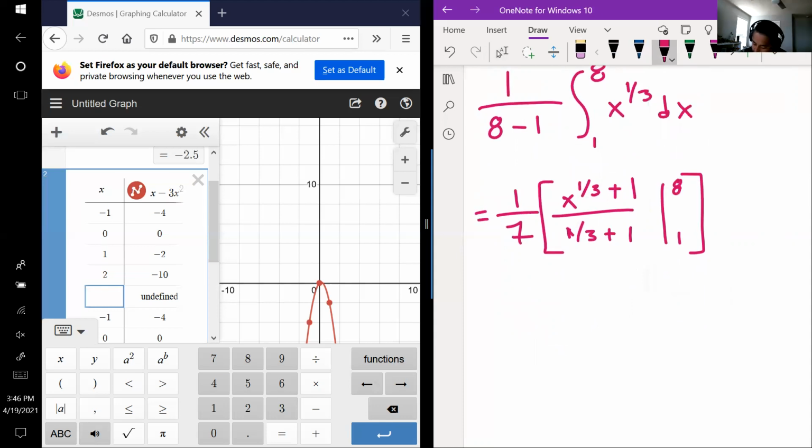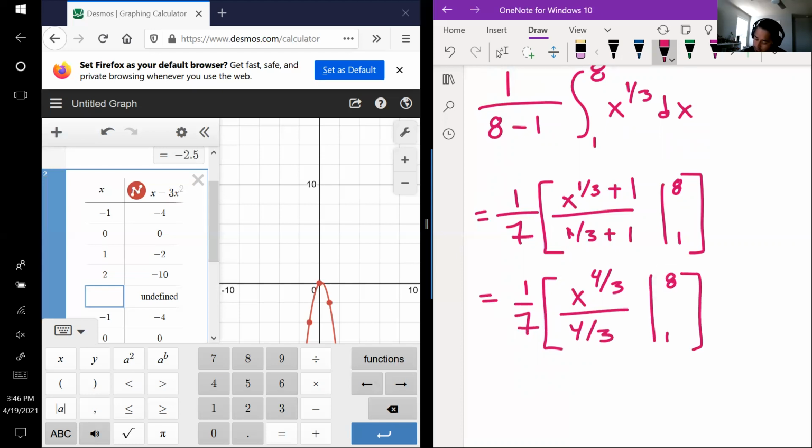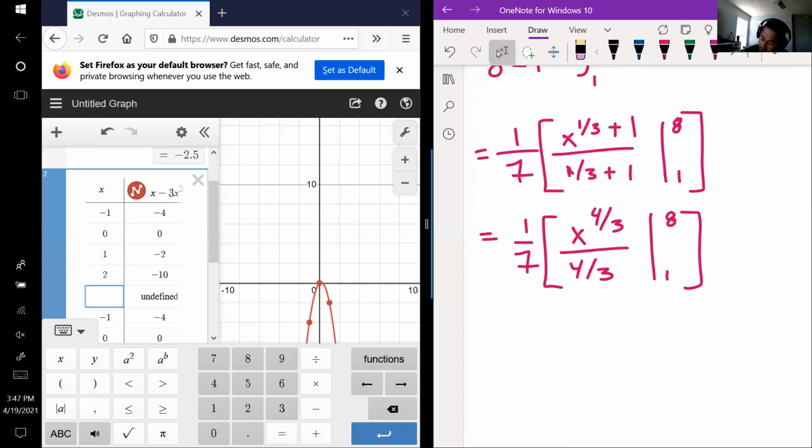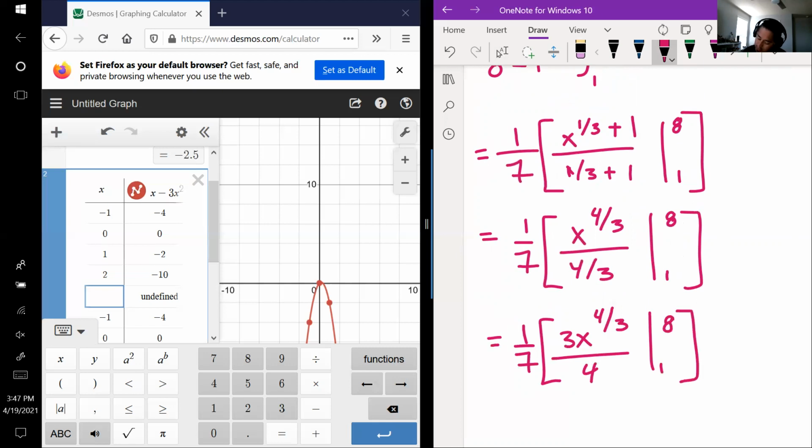And then clean up some more. 1/7 times x to the 4/3 over 4/3, evaluated from 1 to 8. And last cleanup before we use Desmos, we get 1/7 times 3x to the 4/3 over 4, evaluated from 1 to 8. Okay, Desmos time.